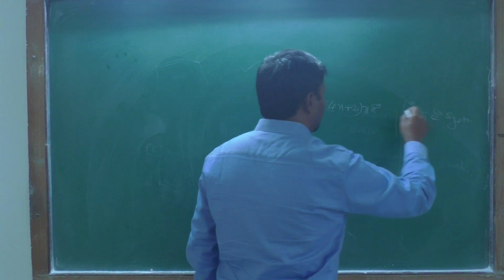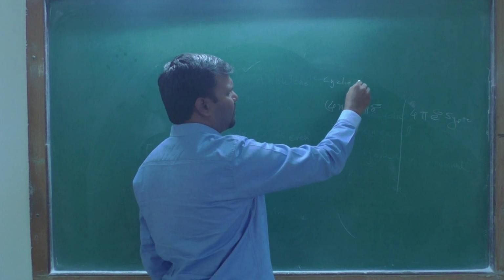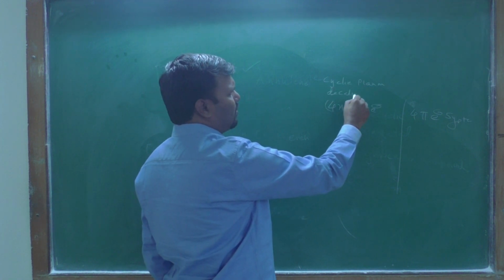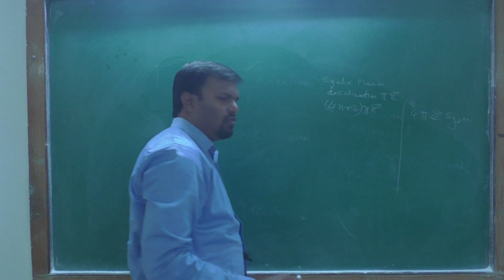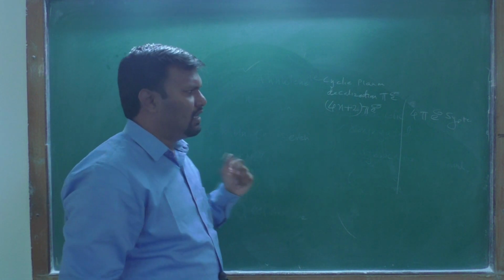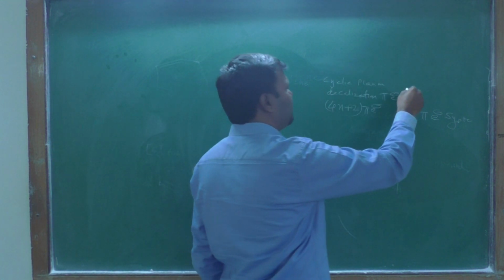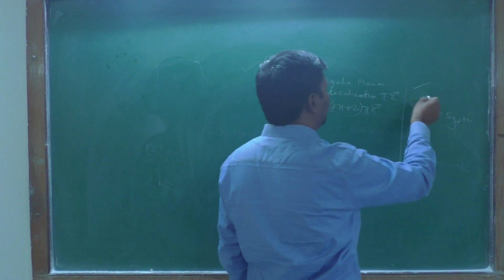We know that if your compound is cyclic, planar, and delocalization of pi electrons takes place, when your compound is planar, then delocalization of pi electrons takes place. Therefore cyclic, planar, and delocalization of pi electrons: this first condition is common for both.